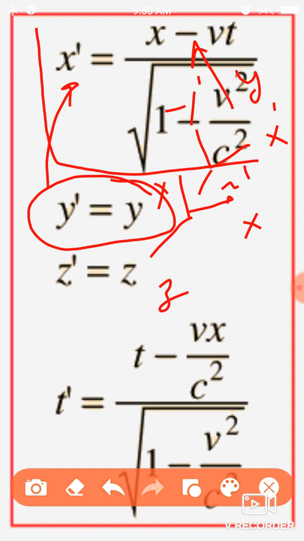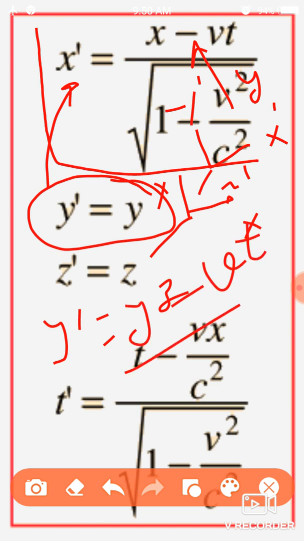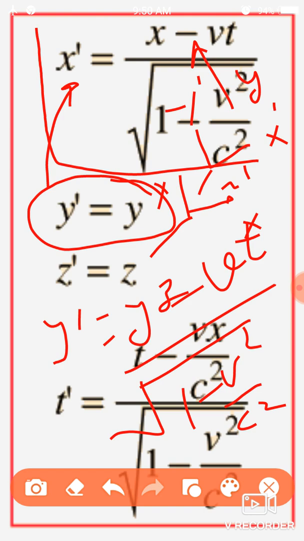Here we can say that y prime equals y minus v into t upon the square root of 1 minus v squared upon c squared, and x dash equals x and z dash equals z.